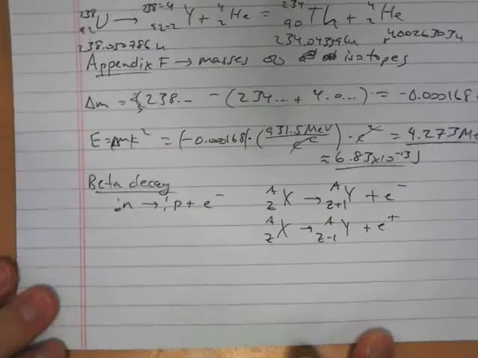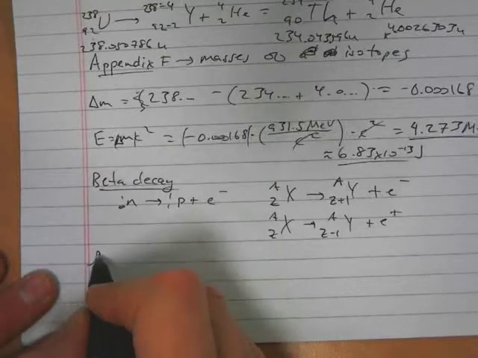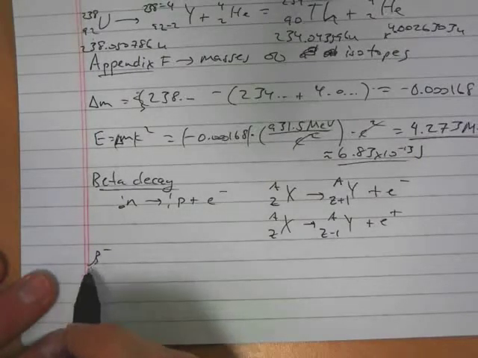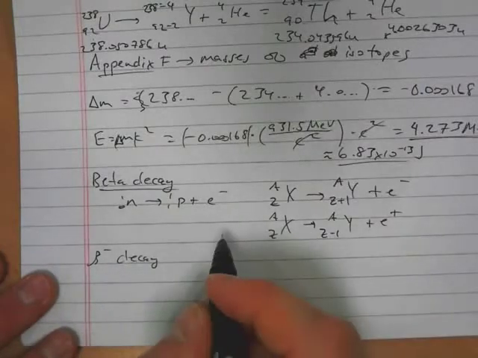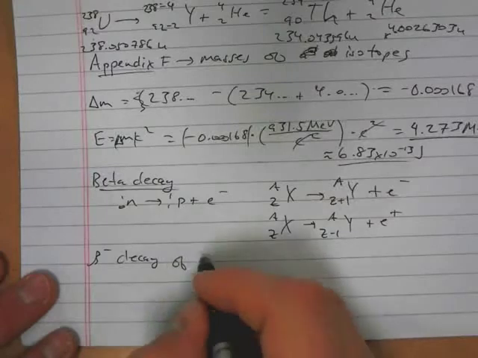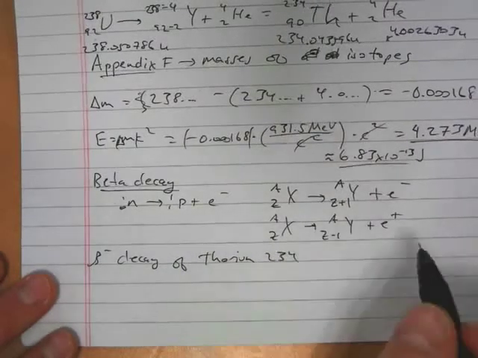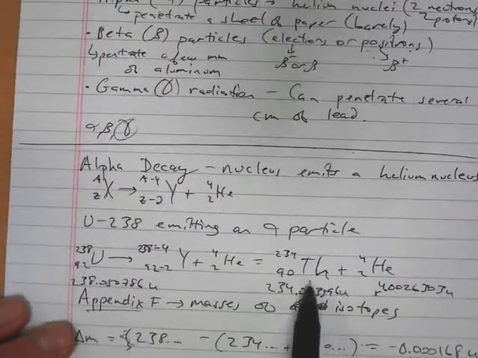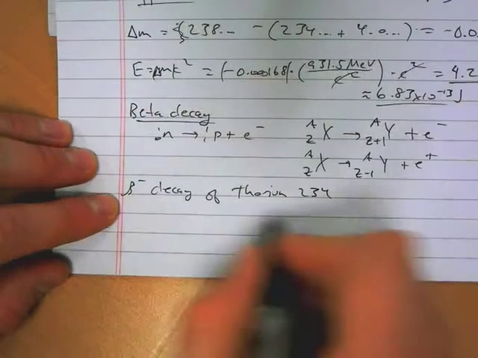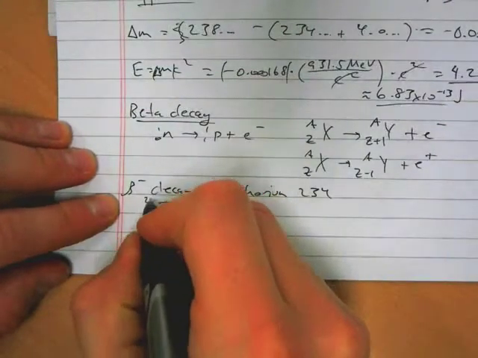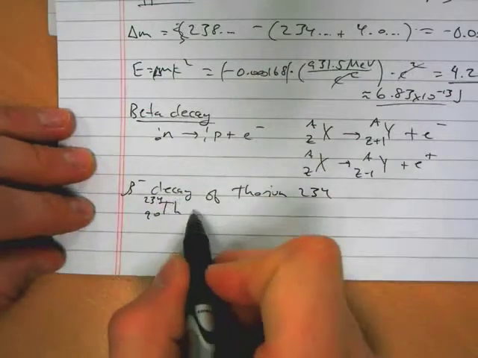So let's look at how much mass is converted to energy when we have a beta minus, meaning we get an electron instead of a positron. Beta minus decay of thorium-234, which incidentally was the result of our alpha decay up here. So thorium-234, TH234, atomic number 90, and there's a beta minus decay.